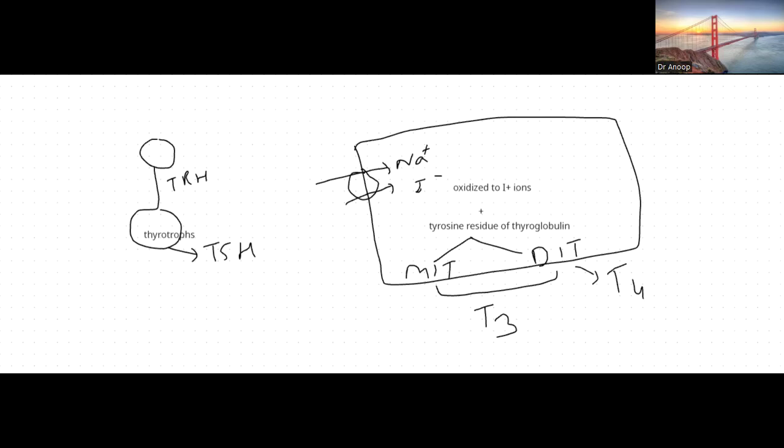So the first reaction is oxidation. The second reaction is organification. Organification is the combination of these two.